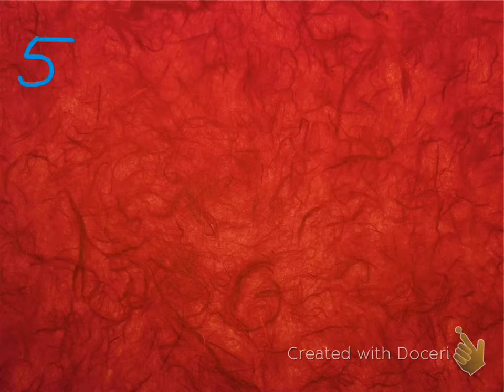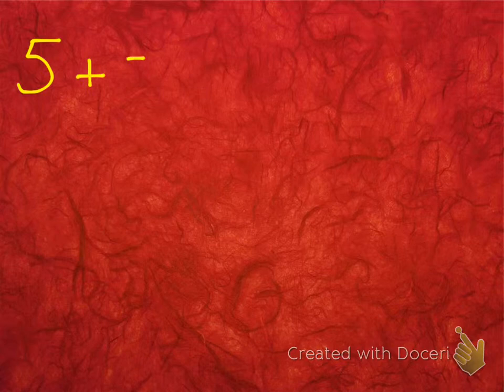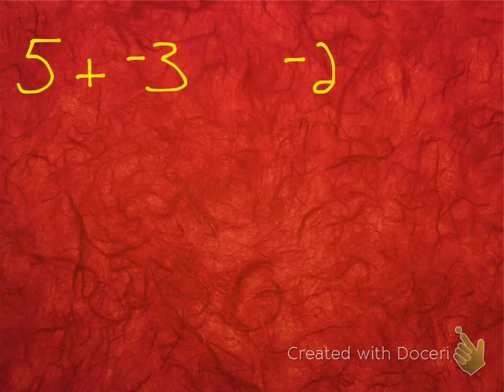Now, let's try a whole bunch of different ones. Let me do it in yellow, make it easier to see. Let's say 5 plus a negative 3. Let's say negative 2 minus negative 1.